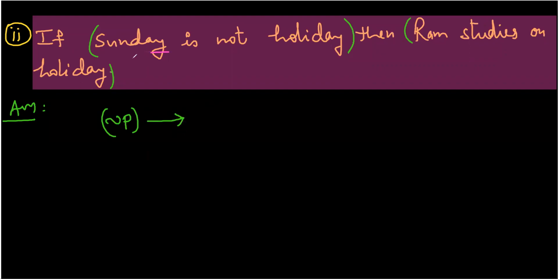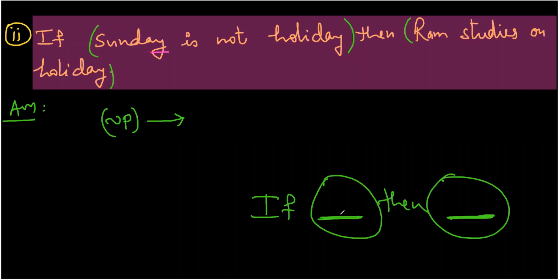As you all know, I will have an arrow. Why? Because we always know if something, then something, it is always this implies this. So negation P implies. And what is this? Ram studies on holiday.